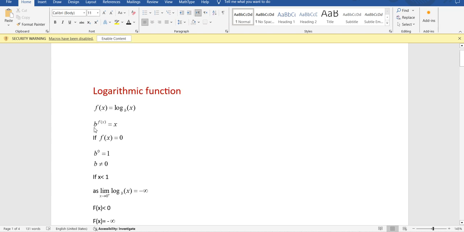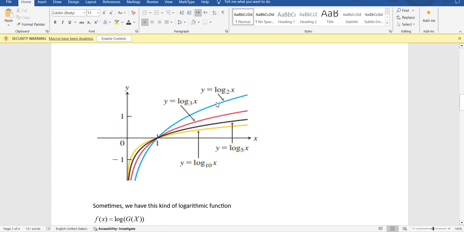If b is a bigger number, then a small change in f of x causes a high change in x. And as the base is smaller, like 2 here, the function is gonna go far from the x-axis, as you see.